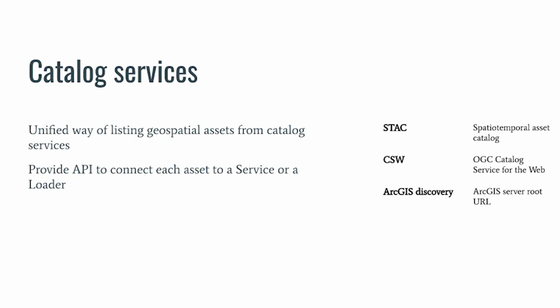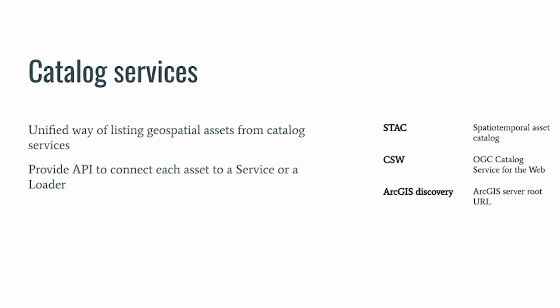But STAC can also describe other types of assets. There is an existing OGC standard called CSW, the OGC catalog service for the web. And if you have an ArcGIS server, if you hit the root URL, it will provide you with a list of the different services and assets that are available.